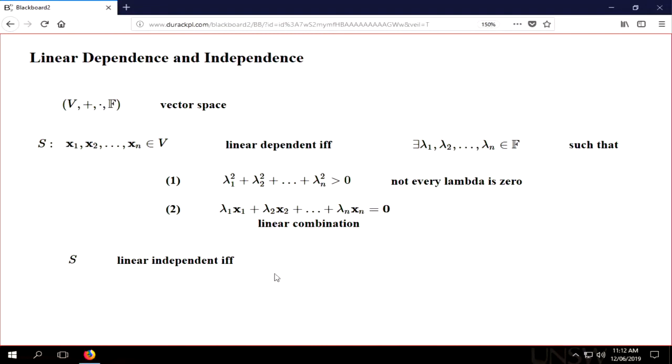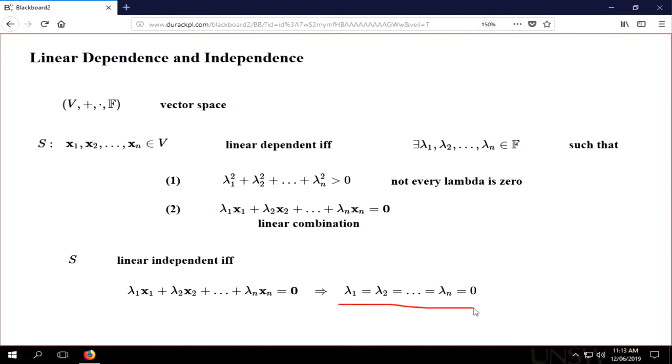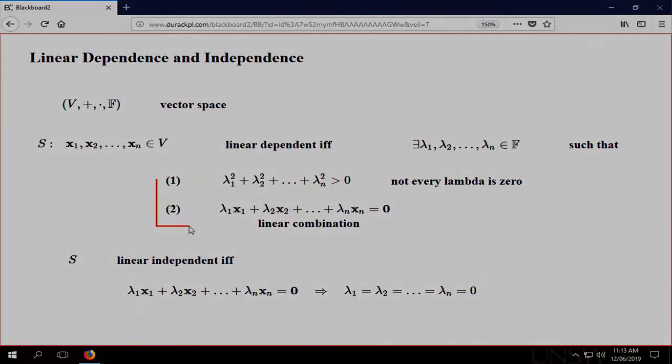There's a positive version which often looks like this. A set is linearly independent if the only assumption that the linear combination is zero implies immediately that all of the coefficients are 0. It's a big claim because you somehow produce n identities from one identity. It's a lot of constraints encoded in this one, but this is exactly the logical opposite of these two conditions.